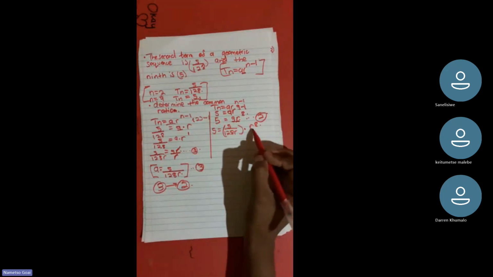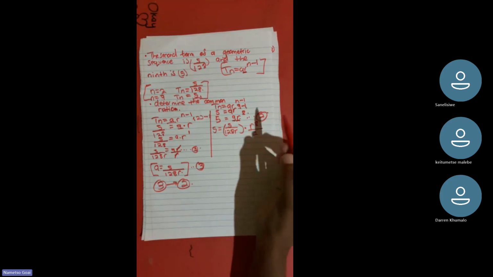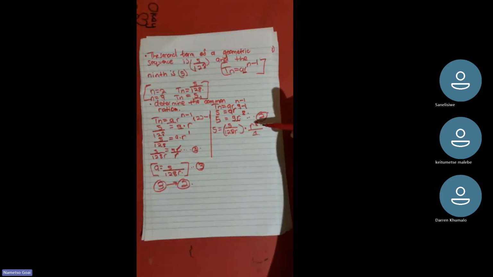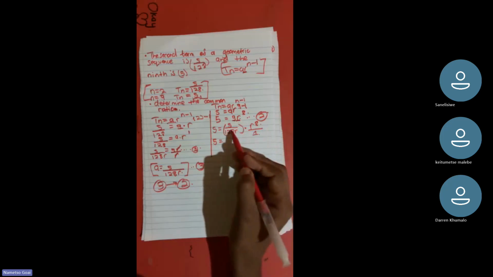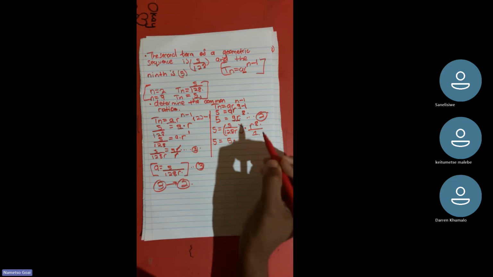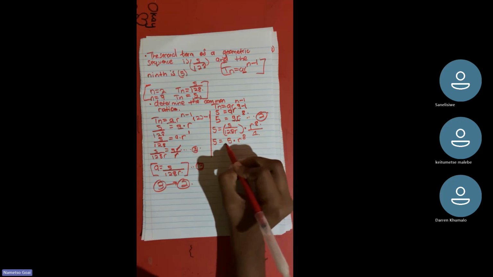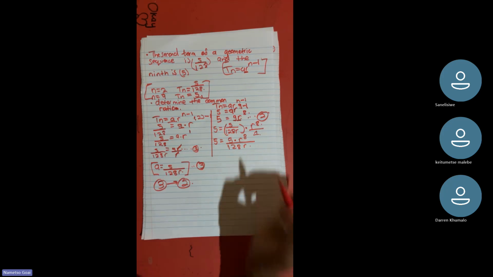Now, remember, R raised to the power 8 is just divided by 1, if you want to treat it as a fraction. You get it? So we'll have 5 equals, if you multiply these two together, 5 multiplied by R to the power 8, all divided by 128R.